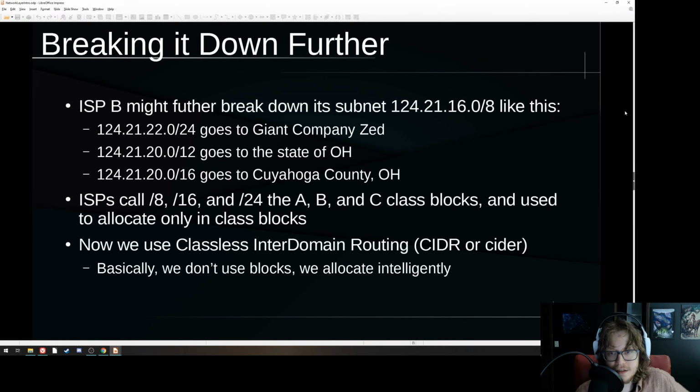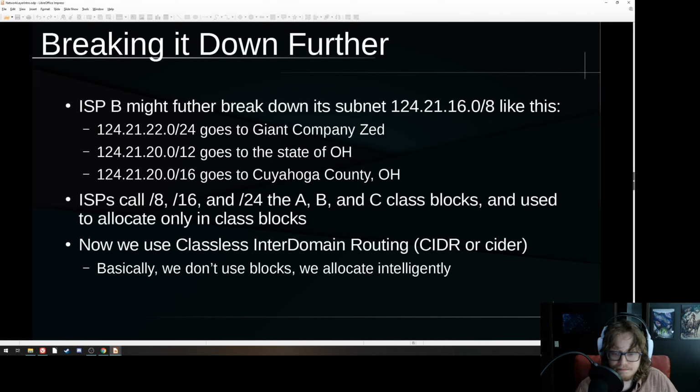So let's say ISP B, who has 16 million addresses, decides that they're going to serve the state of Ohio like this, right? So they own 124.21.16.0/8. That means anything that starts with 124 is theirs. Okay, so the rest of that stuff is just optional, basically. All right, so let's say that they've decided that 124.21.22.0/24 goes to a giant company here in Ohio.